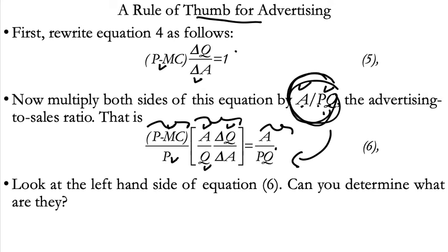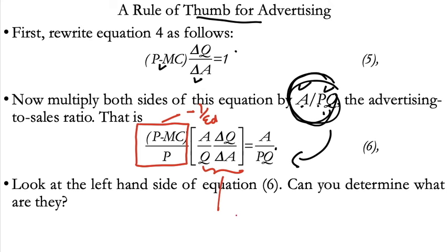Now, let me erase this so it becomes nicer. Let me use red pen. Have you seen this before? Okay, I'm sure you have seen this before. This is nothing else but the reciprocal of price elasticity of demand in the market, isn't it? What is this?